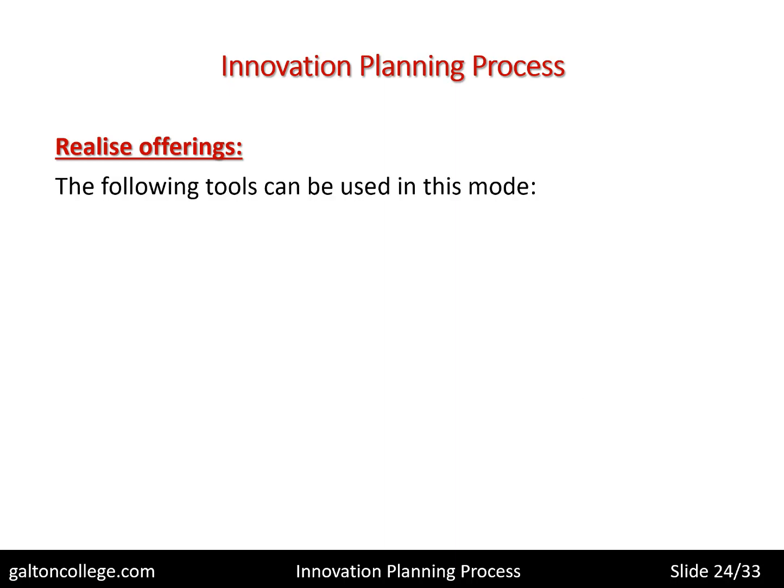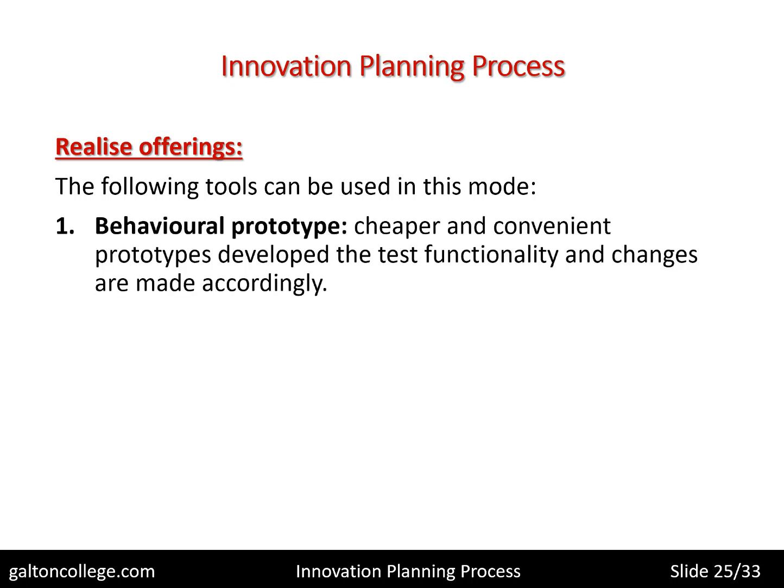The following tools can be used in this mode. Behavioral prototyping. It's cheaper and convenient prototyping, developed to test functionality and changes, and the changes are made accordingly. Behavioral, it's looking at the reactions of customers to proposals.